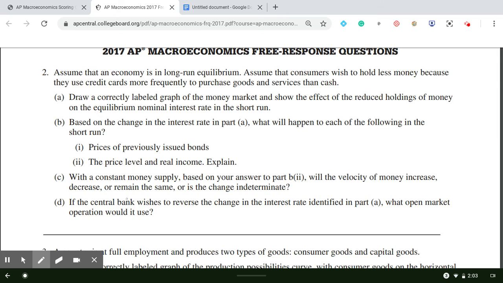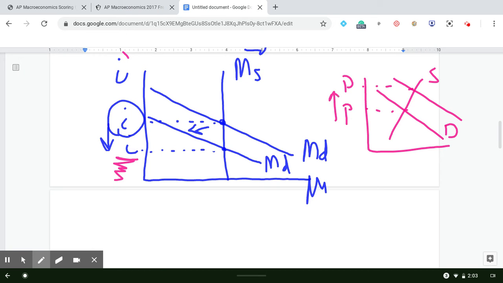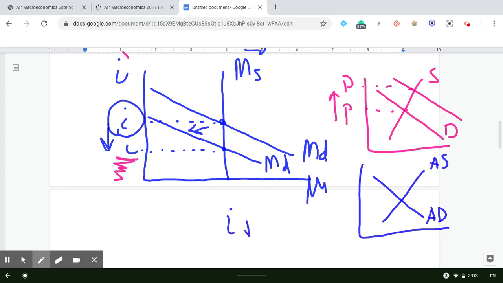All right. The price level and the real income. Notice with B1, you didn't have to explain, but with the price and real income, we have to explain this. So this is another one where we're going to have to look at our AS AD. AS, short run aggregate supply. And again, if the nominal interest rate falls, it'll increase AD because interest sensitive spending will increase.